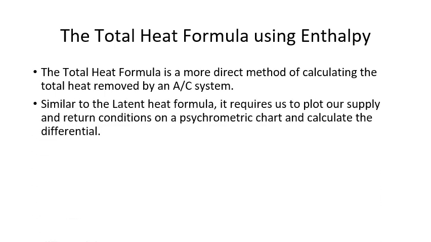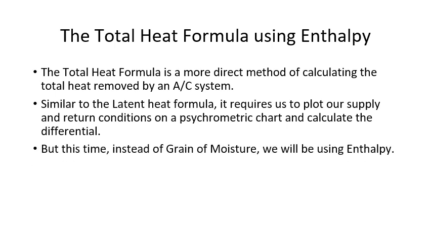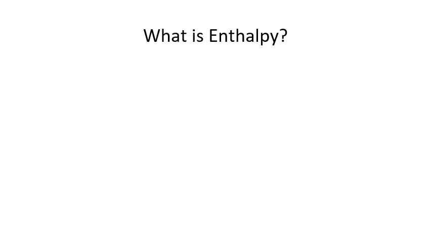Similar to the latent heat formula, it requires us to plot 2 points on the psychrometric chart. And then instead of calculating grains of moisture, we're actually going to be calculating and measuring and doing math to figure out what our enthalpy is. Well, what is enthalpy? Simply put, enthalpy is the total heat in the air.